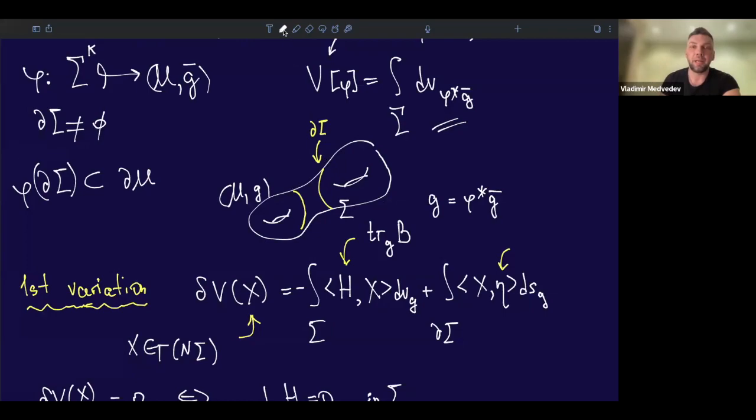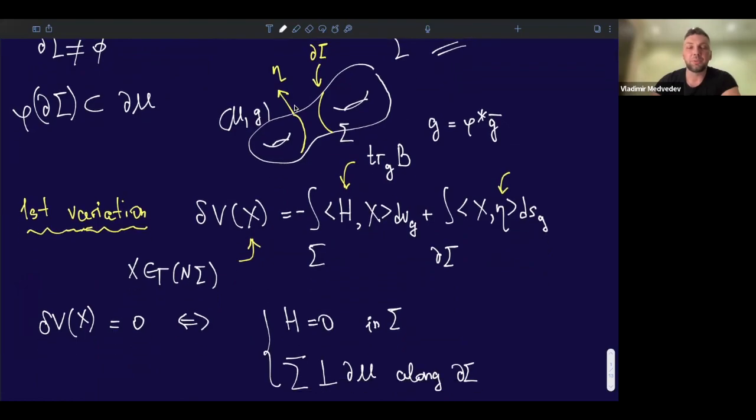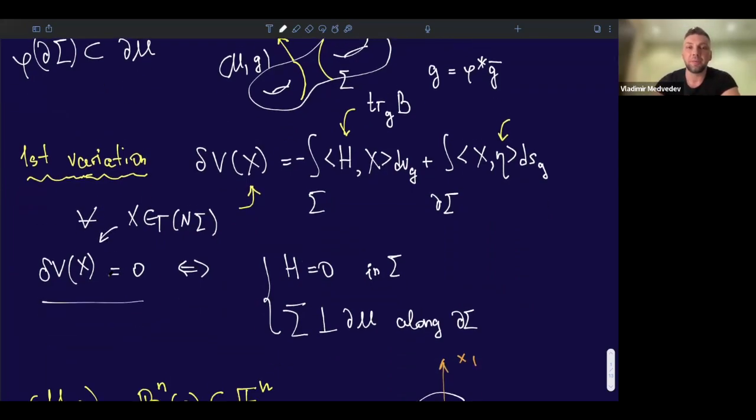So in my picture, as I have already said, we're looking for the critical points of this volume functional. And in order to do this, we need to solve this equation, delta V equals 0, for all normal vector fields on Sigma.